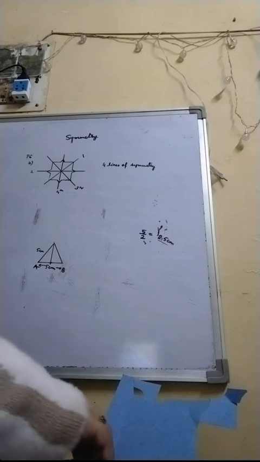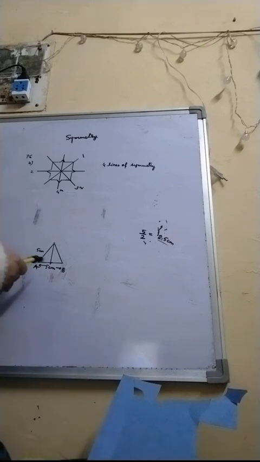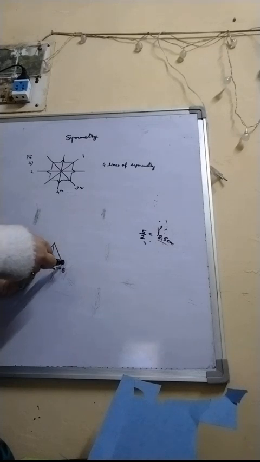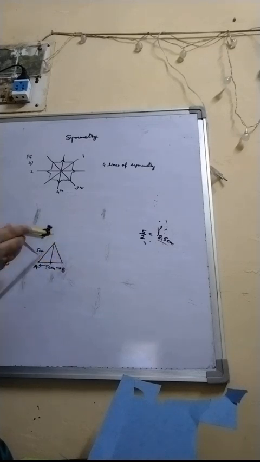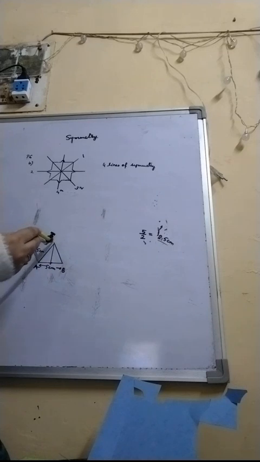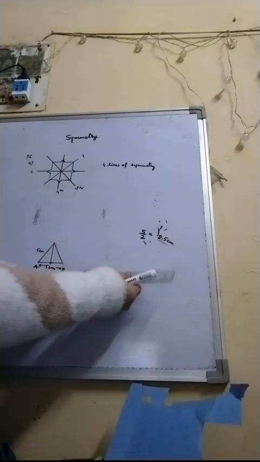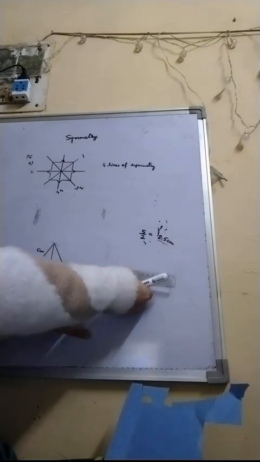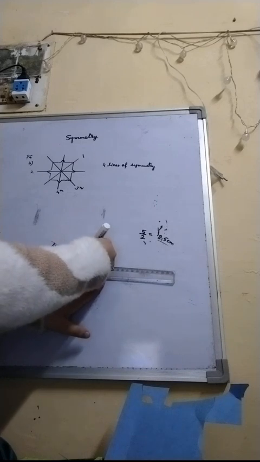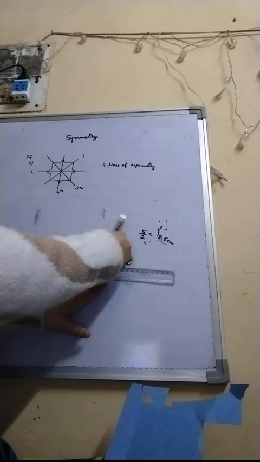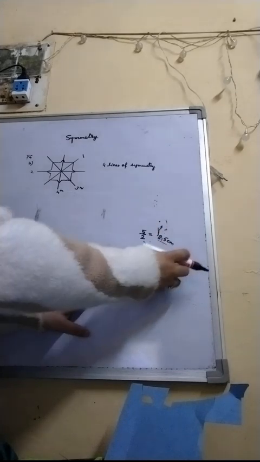Another method is you can open the compass to 5 centimeter, then draw. Let me show you the second method. It would be easy for you to draw with a ruler, so that's your choice.